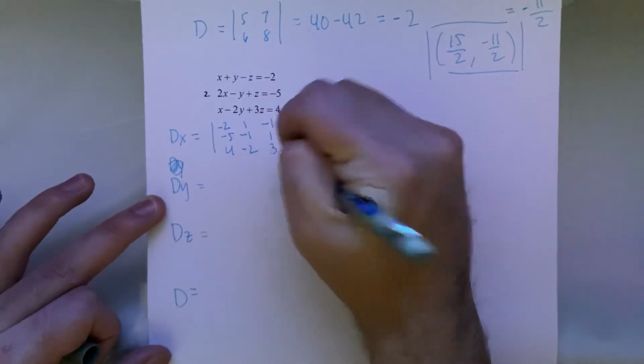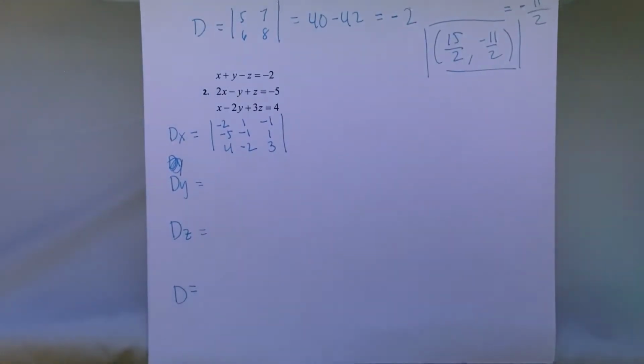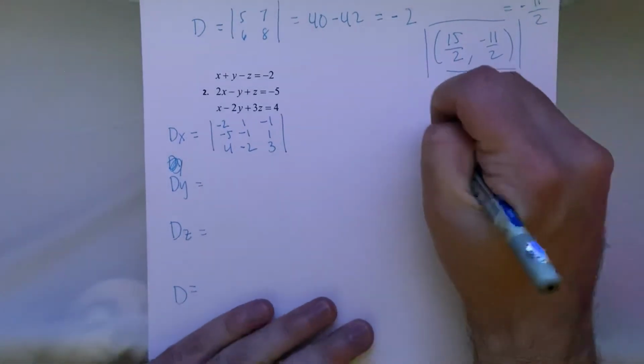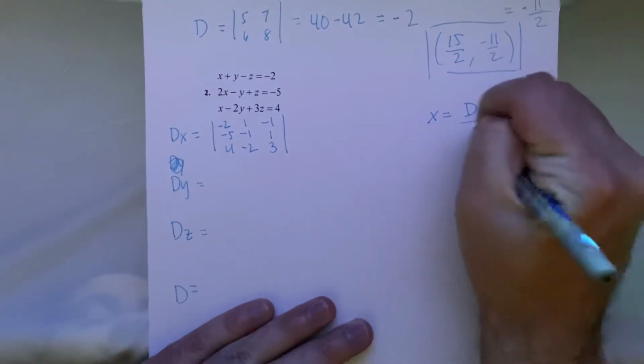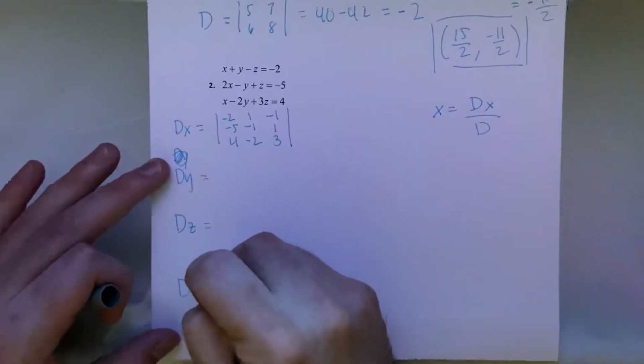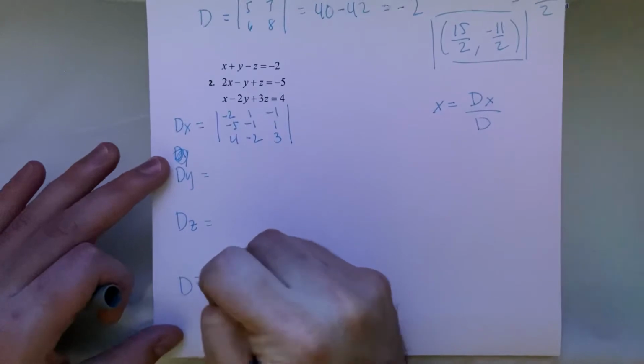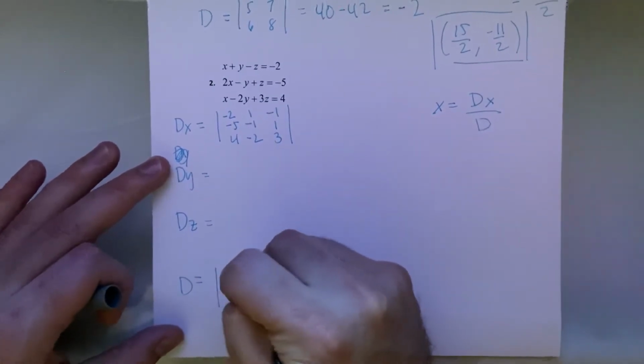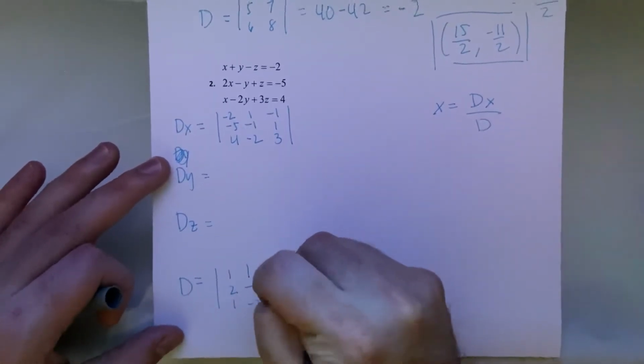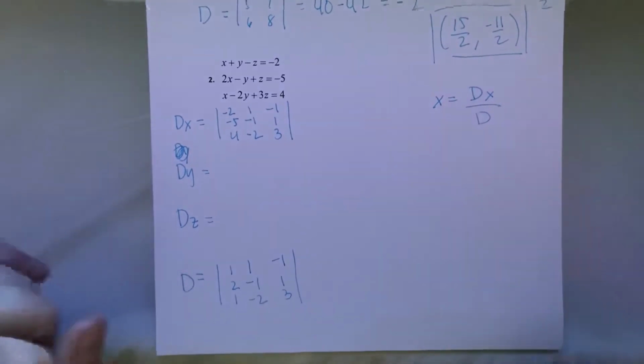I'm only going to do solving for the x variable in this problem, because it's going to be longer and tedious. Remember that x is dx over d, so we only need dx and the denominator, which is the regular coefficients: the determinant of these two things.